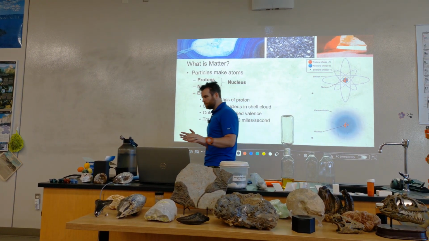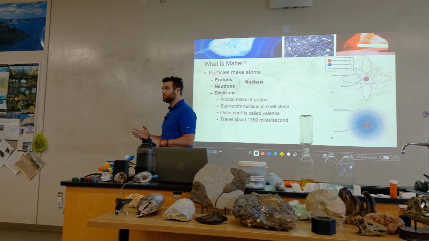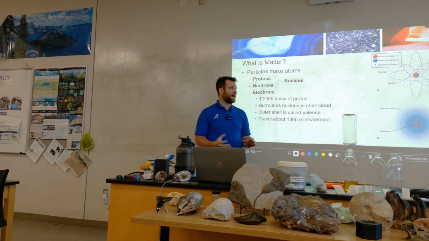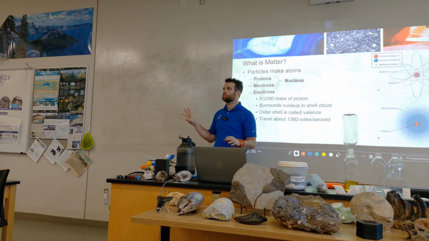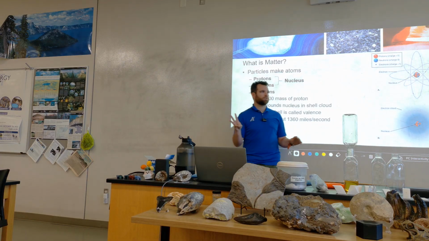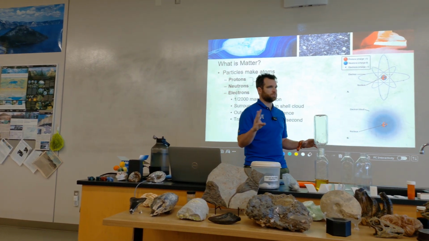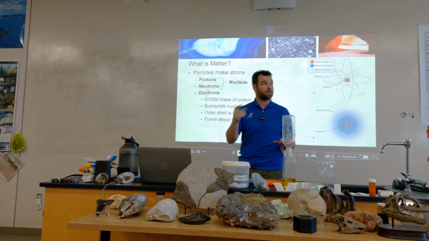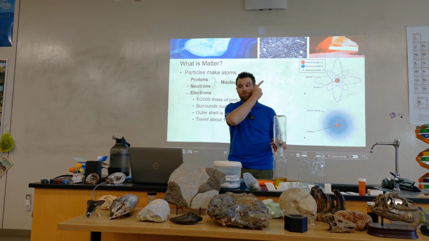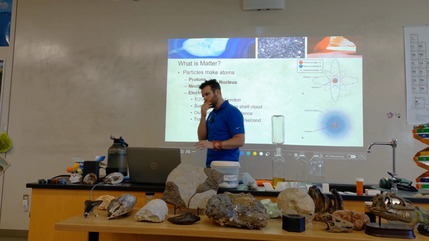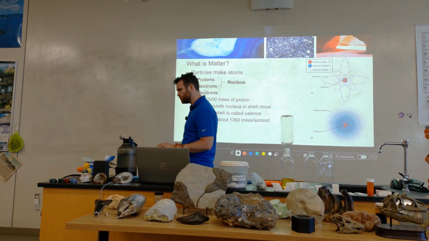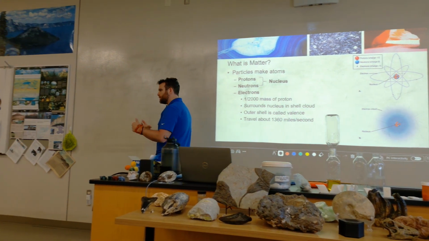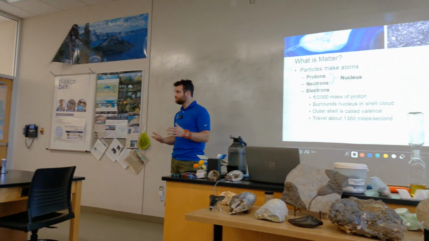Now, when I say matter, I'm talking in particular about particles that make atoms. There are three types of particles: protons, neutrons, electrons. Those three things together make the atoms on our periodic table. Those elements right there. Protons and neutrons combine together to make a nucleus. That nucleus is surrounded by electrons.